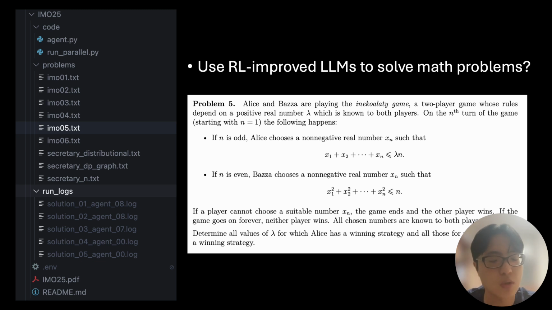But we could also see that LLMs improved with reinforcement learning also solve mathematics problems. This is very enthusiastic output. I also tried IMO problem number 5 from this year, and none of the LLMs were trained or pre-trained on this IMO text before, but we could see that.